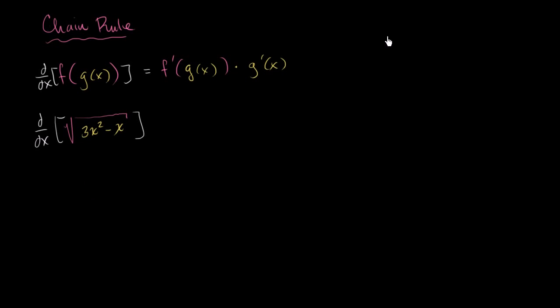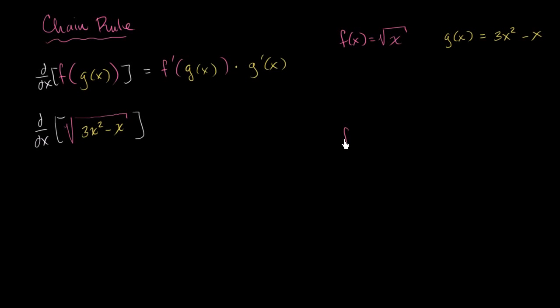Well, if we defined f of x as being equal to the square root of x, and if we defined g of x as being equal to 3x squared minus x, then what is f of g of x?